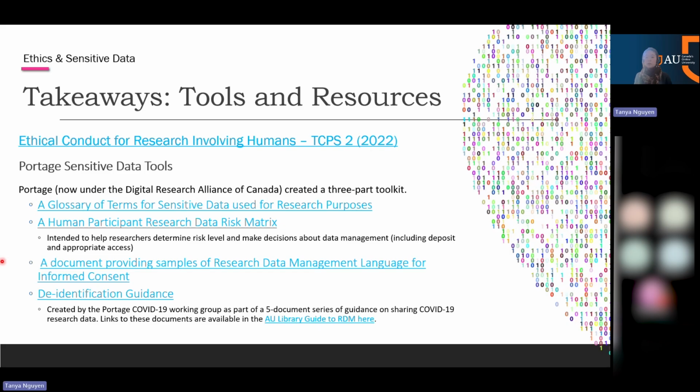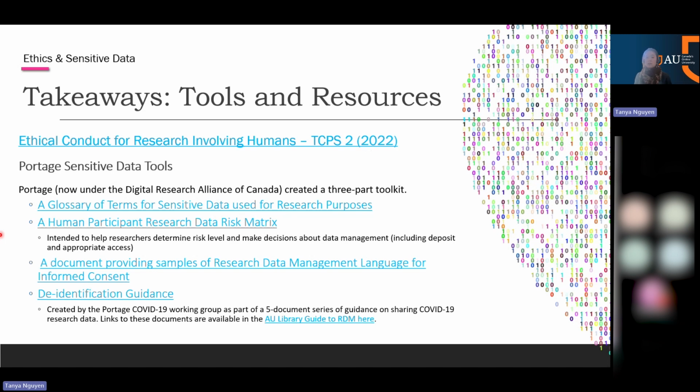So this toolkit is produced and it's openly available and adaptable. They have a glossary of terms for sensitive data and a human participant research data risk matrix.